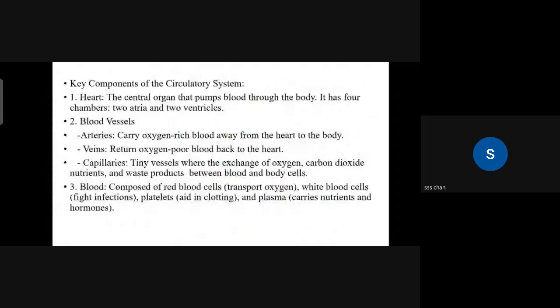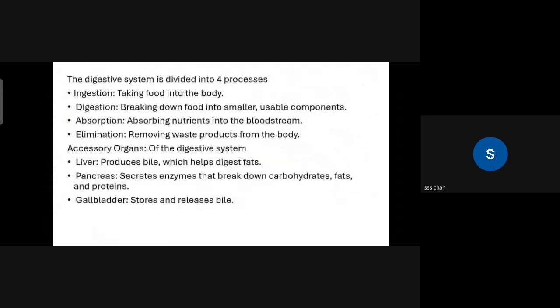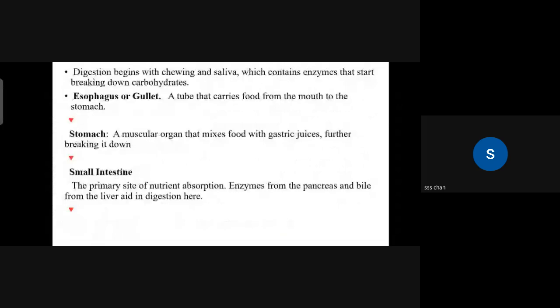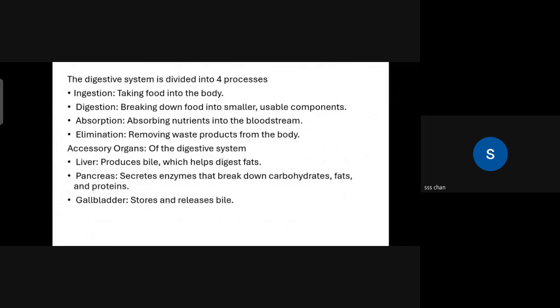For the digestive system, we'll just be listing the relevant parts, which start with the esophagus. The digestive system has about four processes: ingestion, that's when you take in food, then digestion, absorption, and elimination.